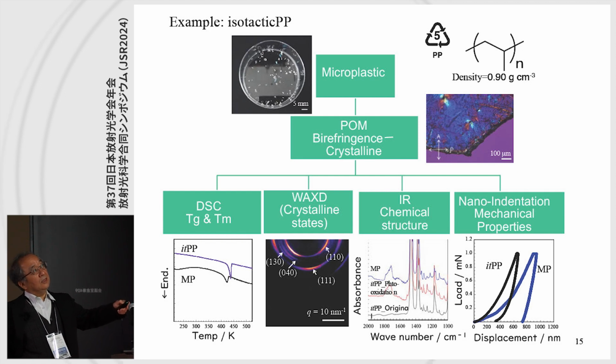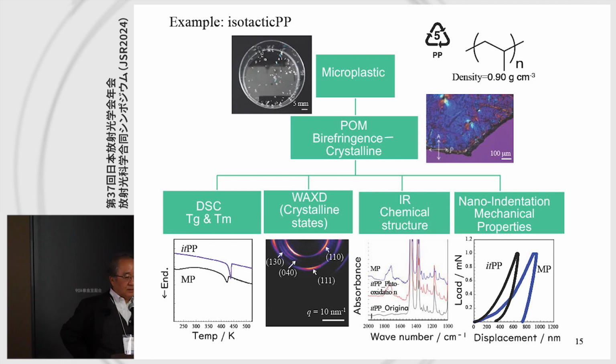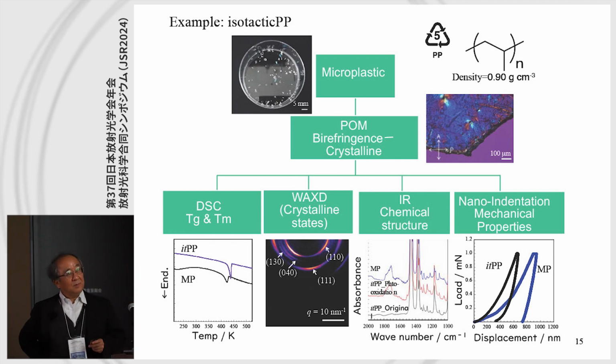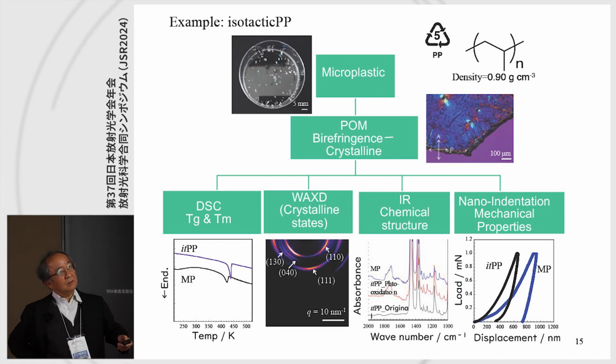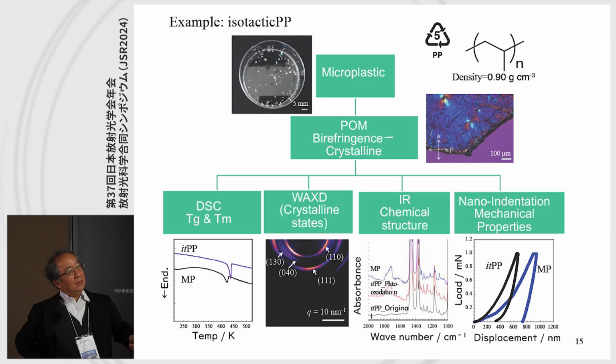If it is birefringent, we can conclude that this is a crystalline polymer. And we can compare it with standard polypropylene by DSC. With X-ray diffraction, we can observe the crystalline diffraction. And also IR shows the carbonyl band, which is not present in the original one.